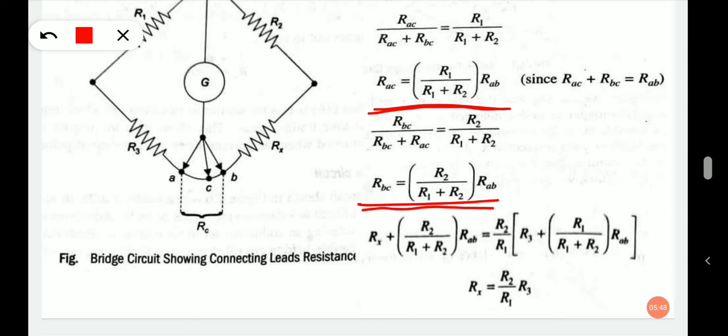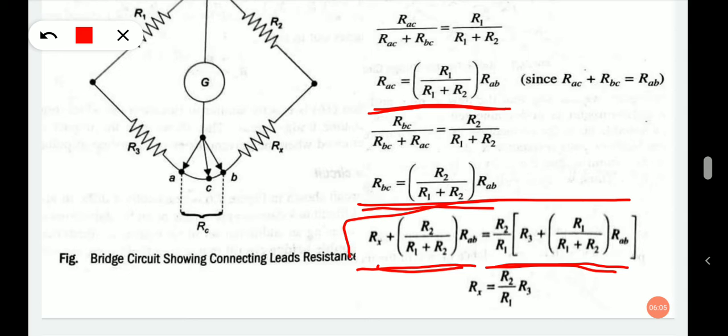we can write Rx plus R2 upon R1 plus R2 into RAB equals R2 upon R1 in bracket R3 plus R1 upon R1 plus R2 into RAB. After solving this equation, we will get Rx equals R2 upon R1 into R3.